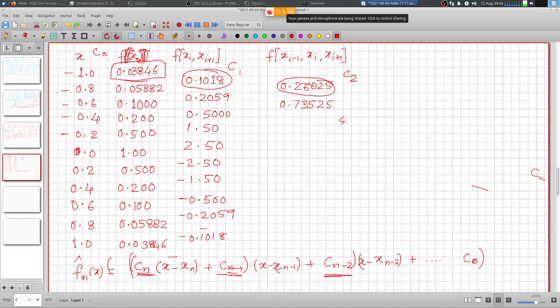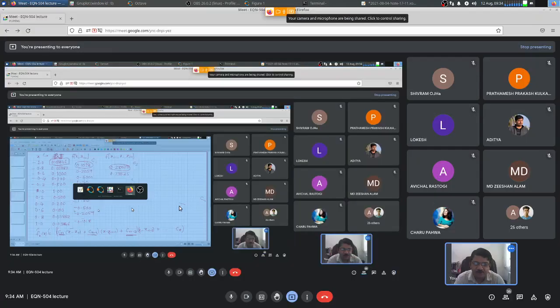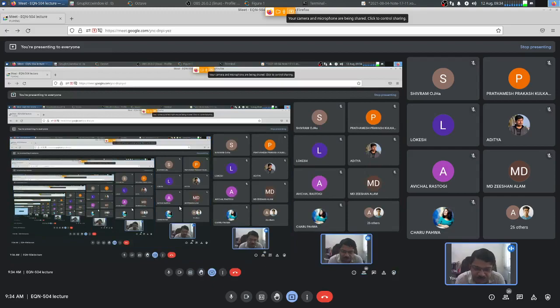So once you compute this, then you can compute this Newton interpolating polynomial by using Horner's algorithm, and then you can generate the polynomial function approximation and plot. So, any questions with this process?